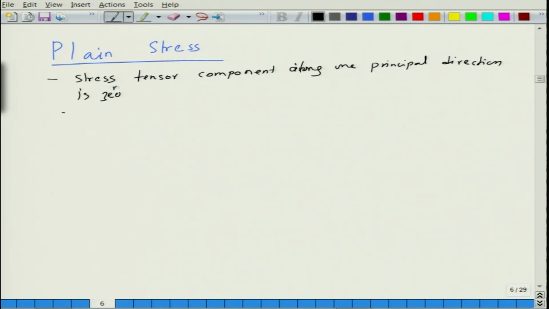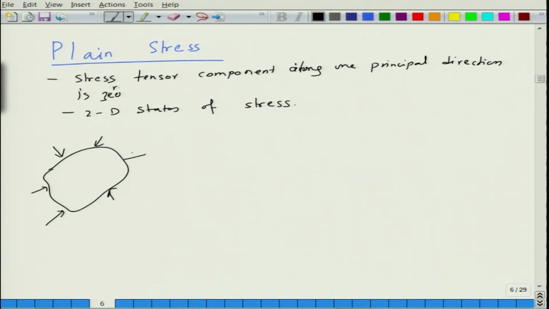So, basically it is a two-dimensional state of stress. If you have, let us say, a plate, a two-dimensional plate, the stresses are applied within the plane only, and if you take out a small element from it and zoom it, this is how it will look like.